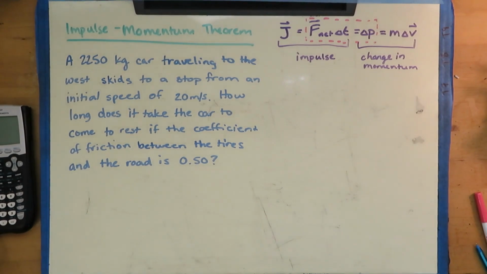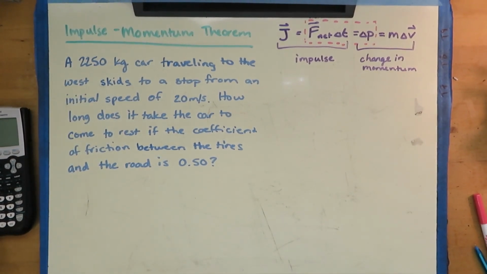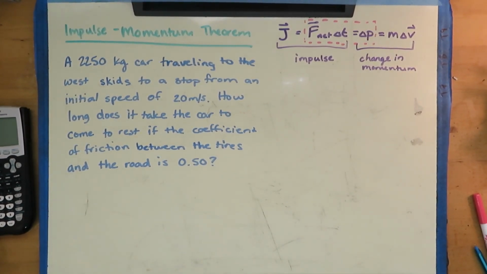All right, so one last example. We have a car traveling to the west. It skids to a stop from an initial speed, and we want to figure out how long it takes the car to come to rest given a coefficient of friction. One thing I really like about this problem is it forces us to pull in information from past units. This is a standard stopping distance problem.